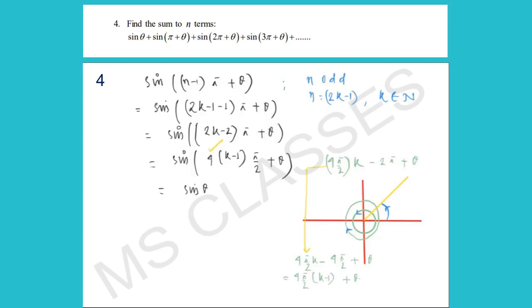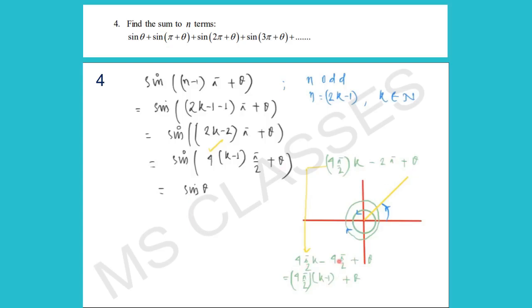Now that means what? It is how many circles? K minus 1 circles plus theta. So this whole angle terminates in which quadrant? First quadrant. So ultimately what will be sine theta. So either someone can think in this way or that way.